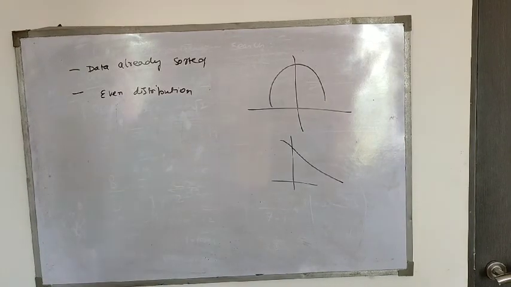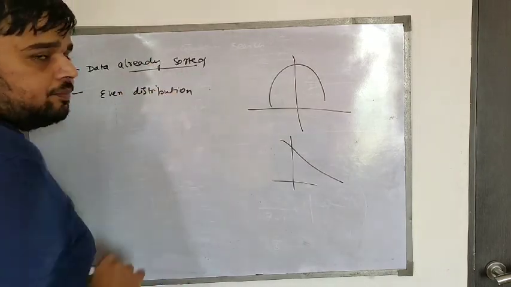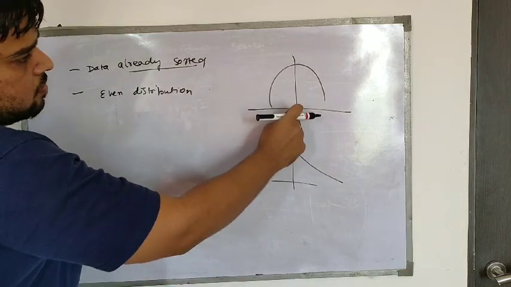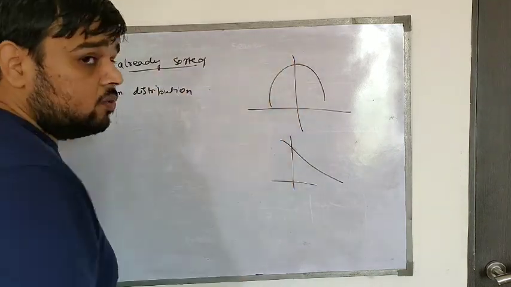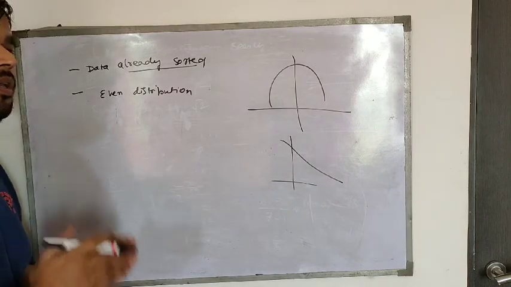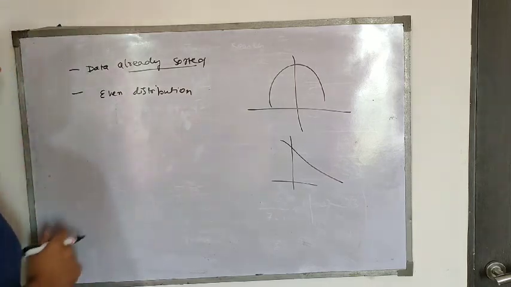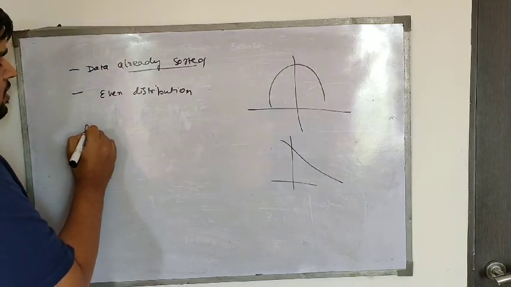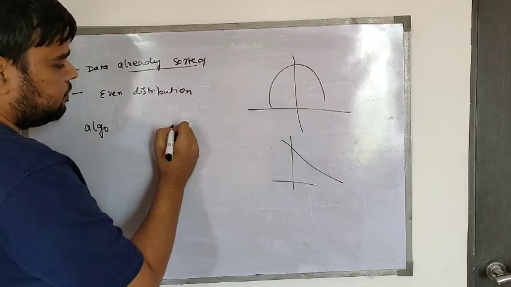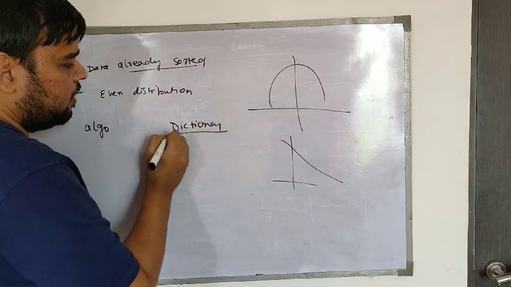The idea behind interpolation search is that data should already be sorted and evenly distributed, meaning the distribution should be like this, not a skewed distribution. Interpolation search uses human intelligence. What does it mean? Let's say you are searching for the word algo in a dictionary.